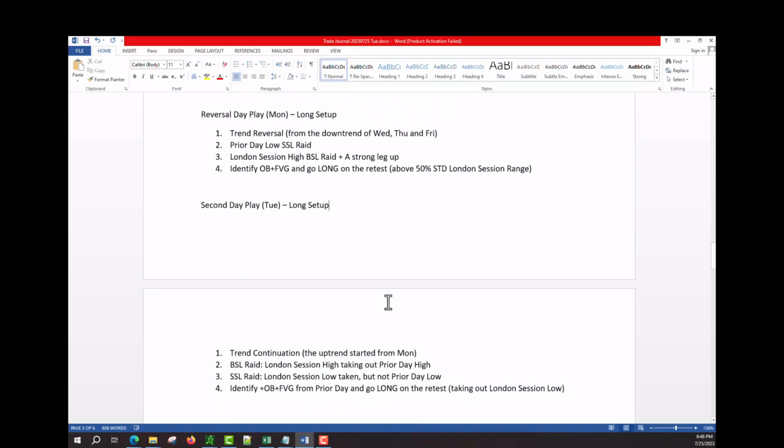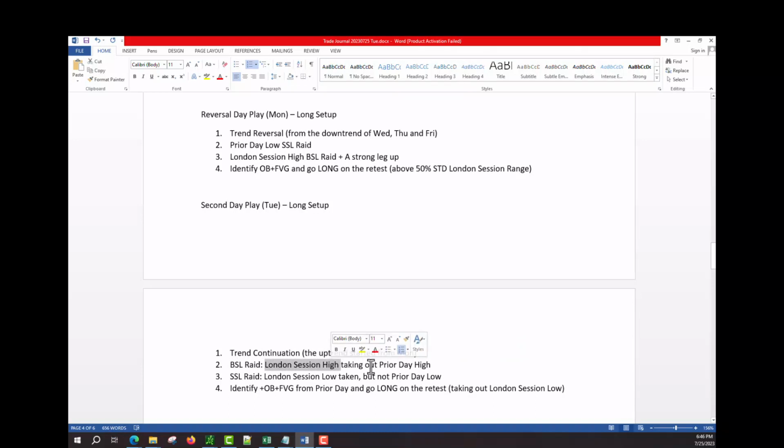And for the setup today, we have to watch whether it can continue the trend that started on Monday, or whether it's going to become a reversal and keep going down. And today the market shows us that the trend continues from Monday, and we see that through this indicator. First, we have buy side and sell side liquidity.